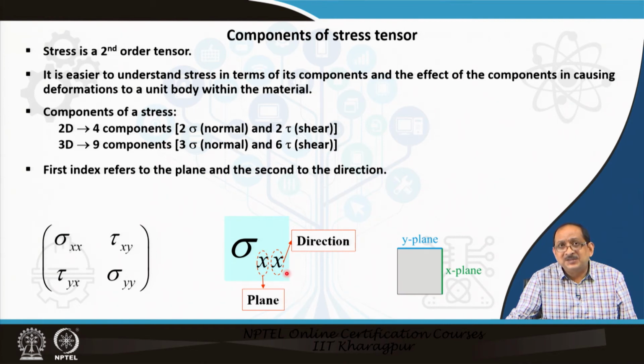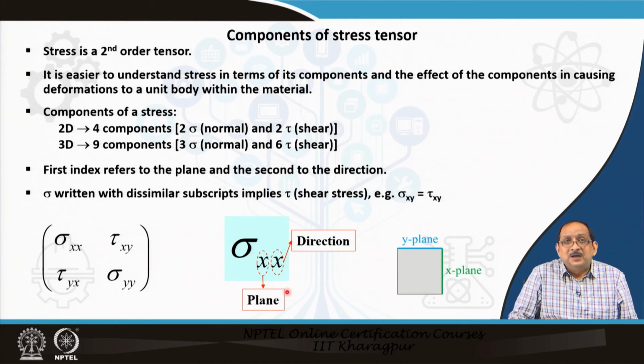The second x means it is acting along the x direction. That is the reason this component is called sigma xx. If sigma is written with dissimilar subscripts, it refers to shear stresses. So, sigma xy actually means tau xy, because shear stresses are symbolized as tau.